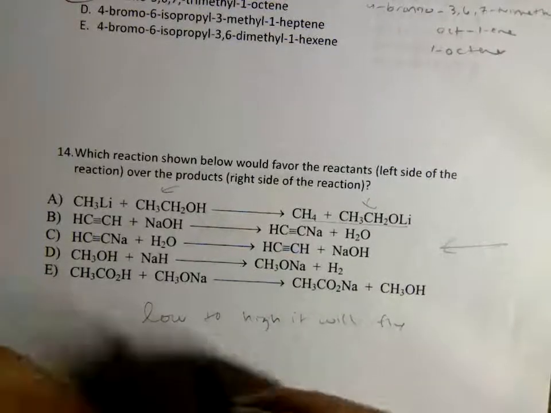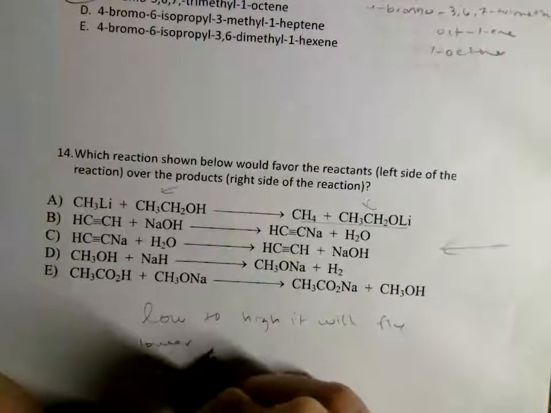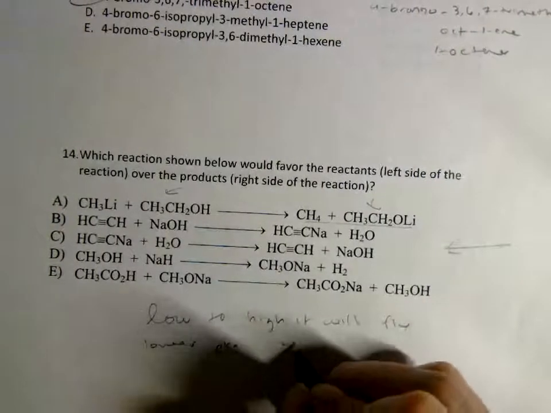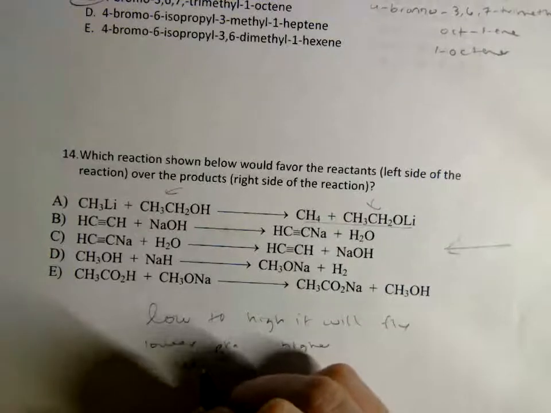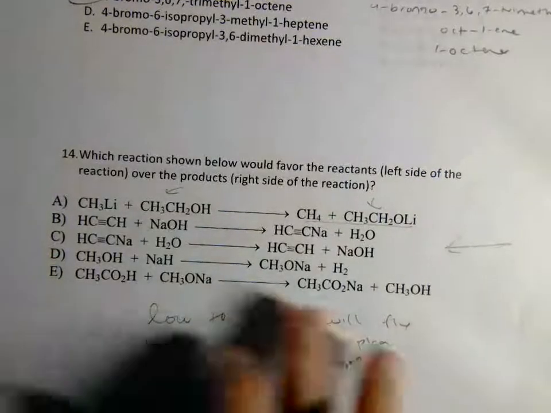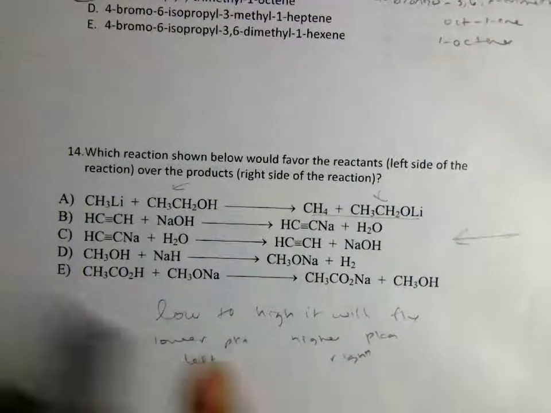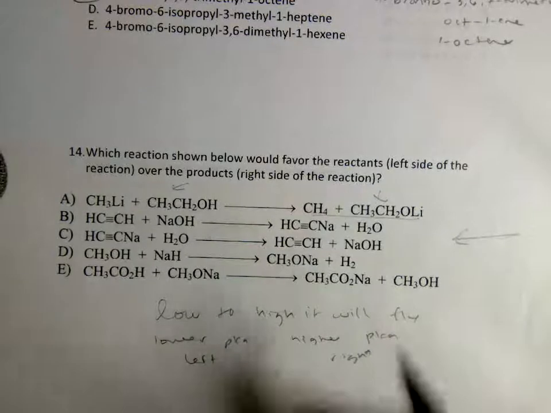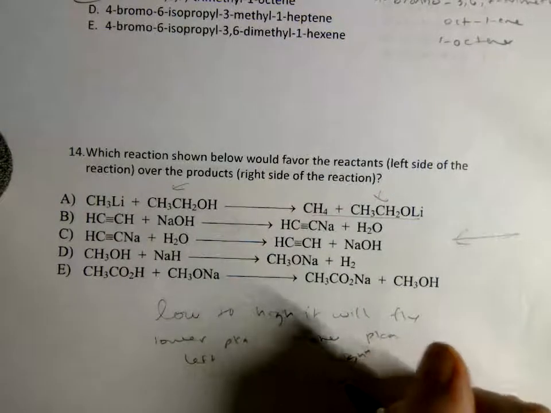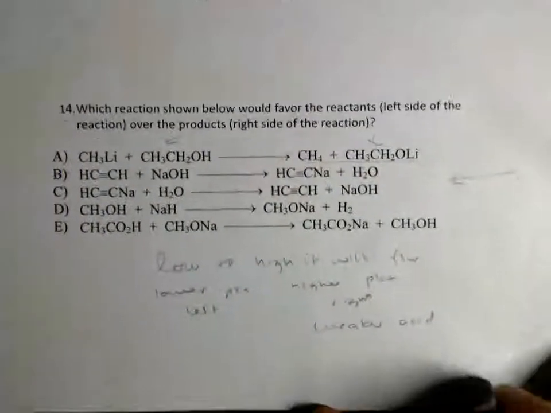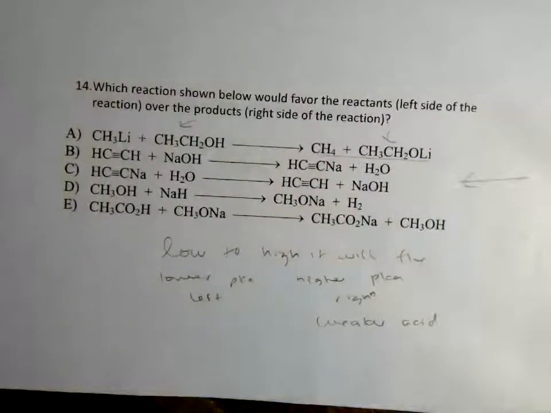So if it has a lower pKa on the left side and then goes to a higher pKa on the right, it's going to stay facing this direction. But if it's backwards, it's not going to go that way. It'll go the other way. So lower pKa on the left, higher pKa on the right. That's because this is a weaker acid, and a weaker acid is more stable. It's less reactive, so that wants to be on the product side.